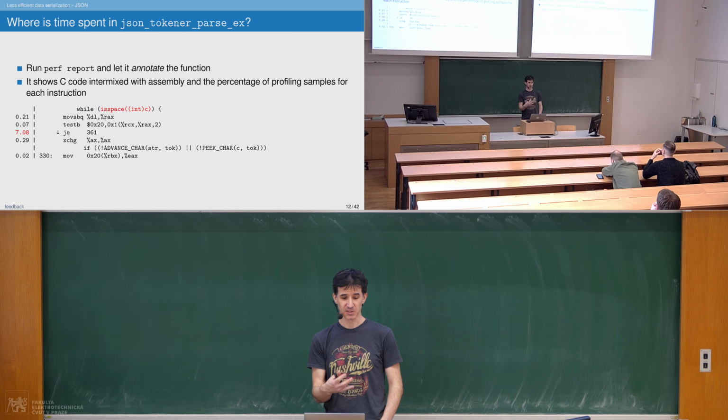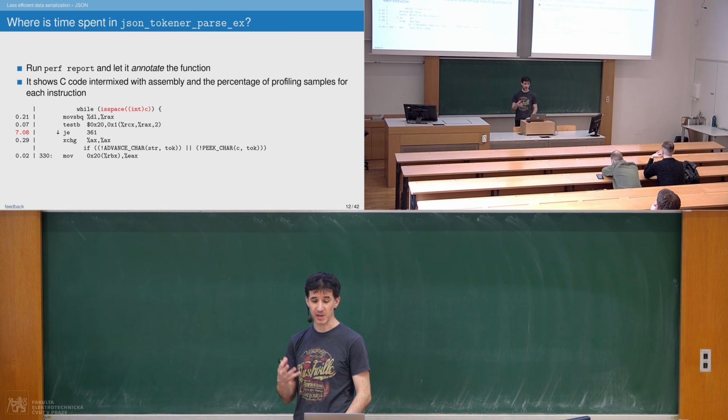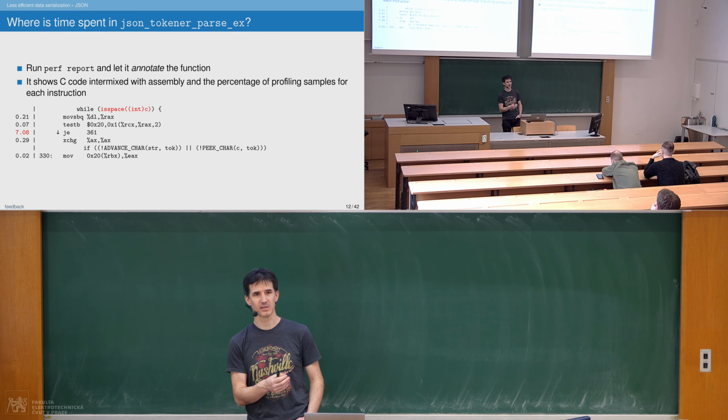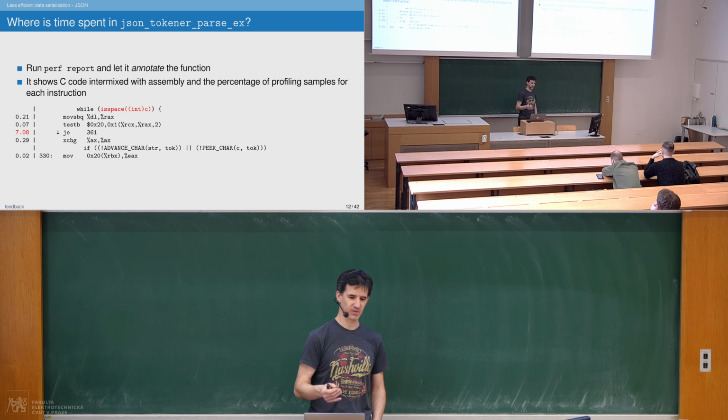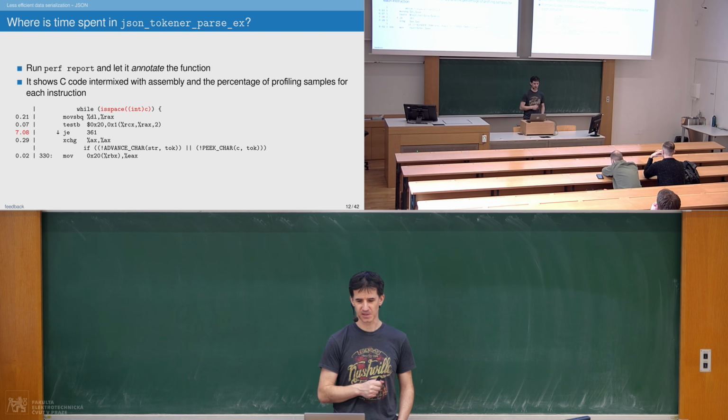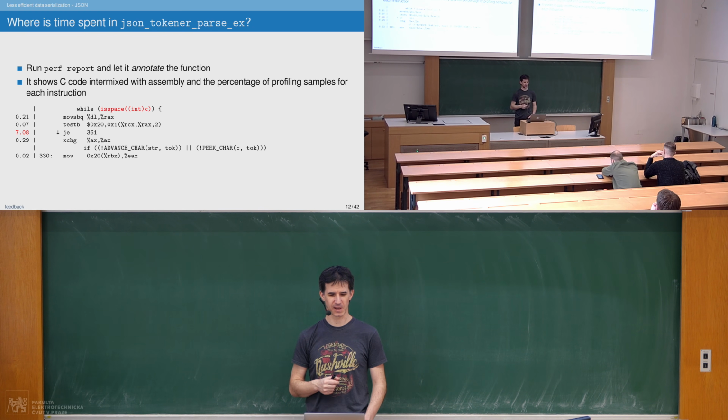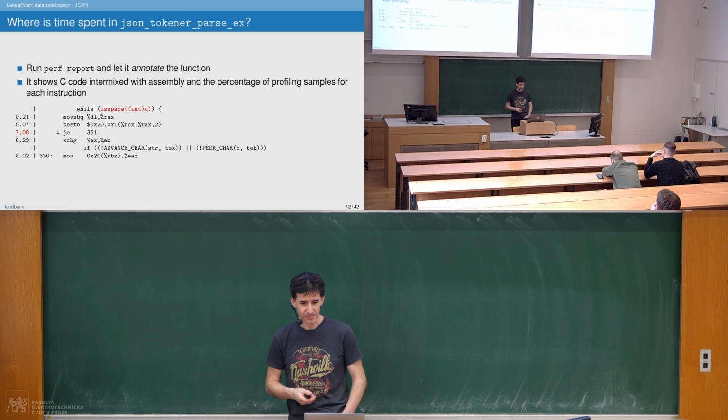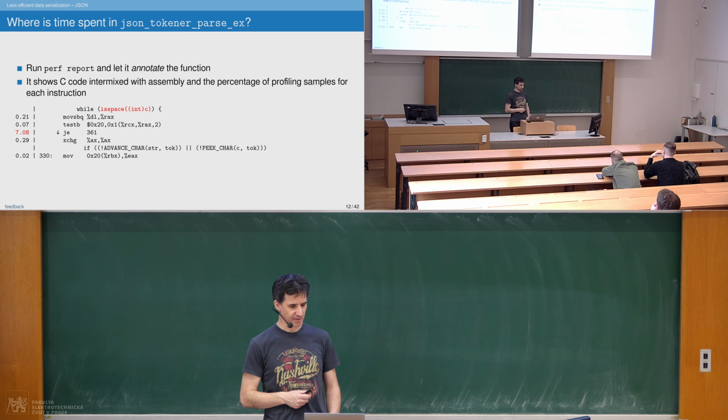So basically 7% of the time in that program is spent skipping spaces. This sounds quite wasteful. So what can we do about that?